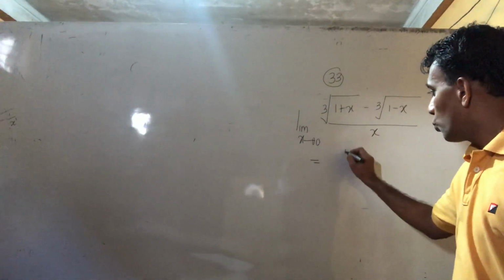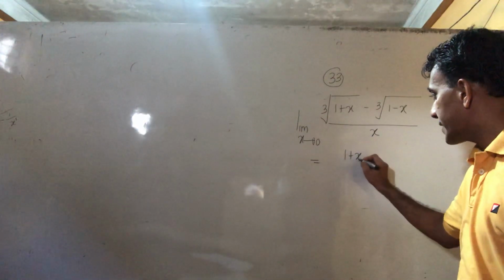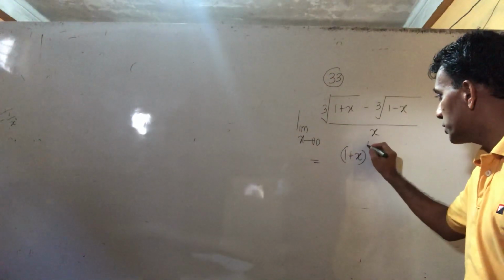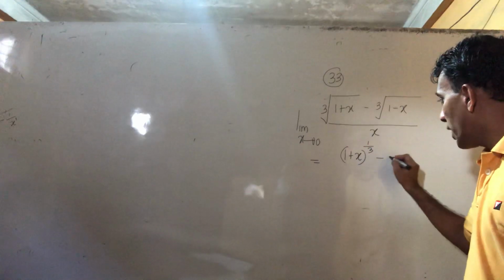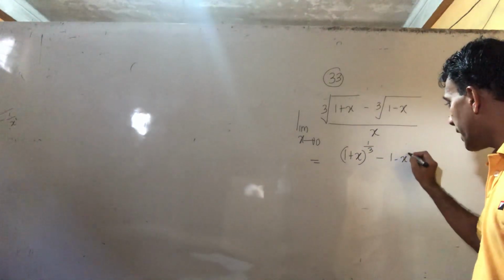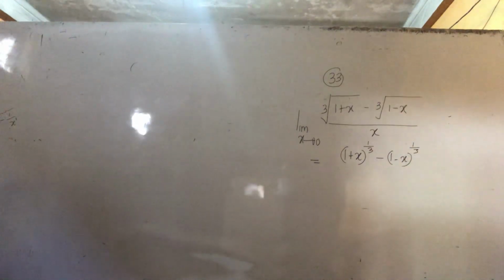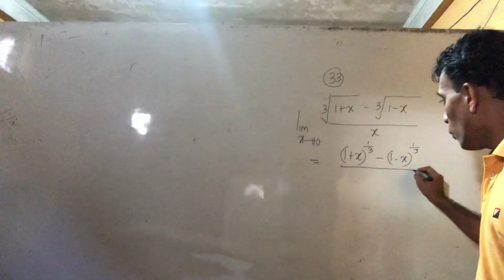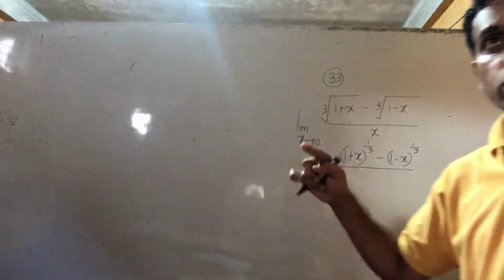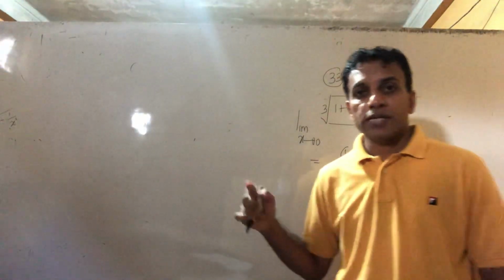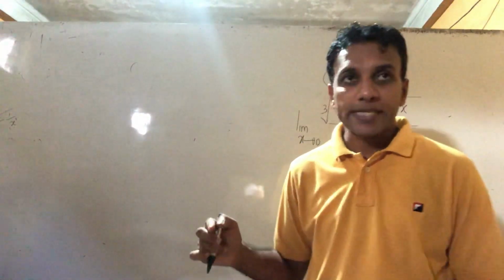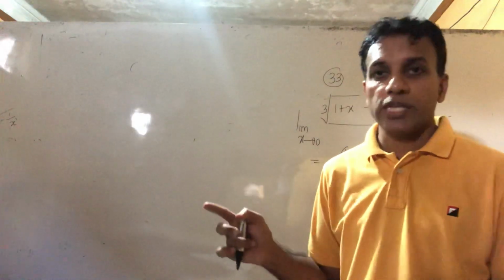This can be shown as (1 plus x) to the power 1/3 minus (1 minus x) to the power 1/3. Okay, then below, without the power, x to the power n minus a to the power n over x minus a, x tends to 0.